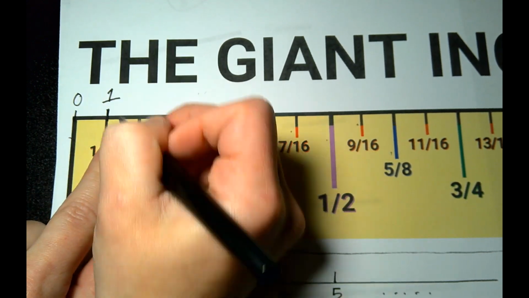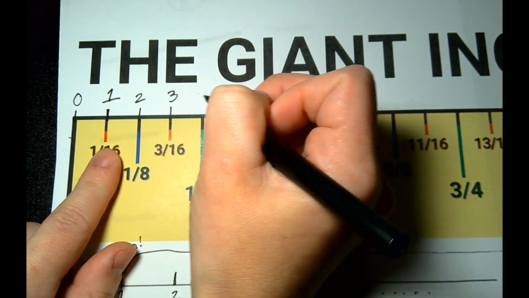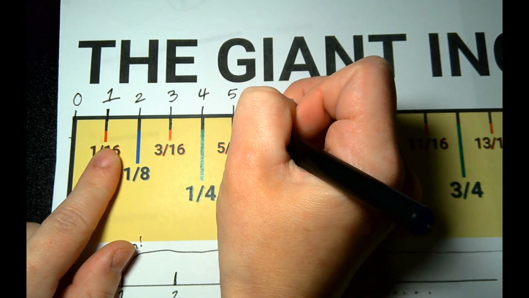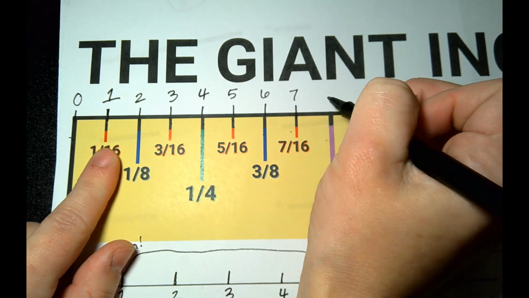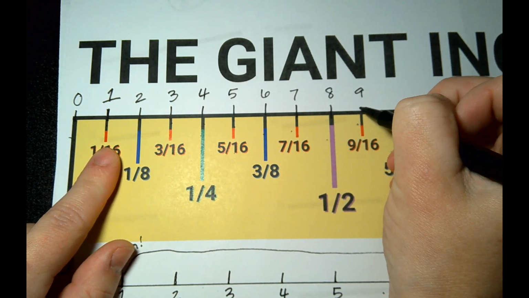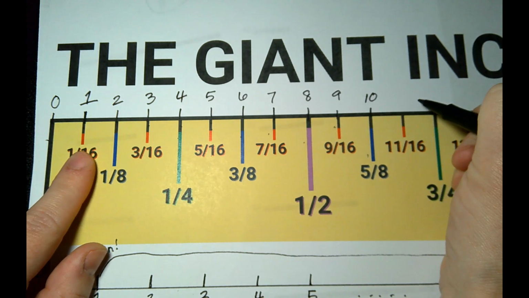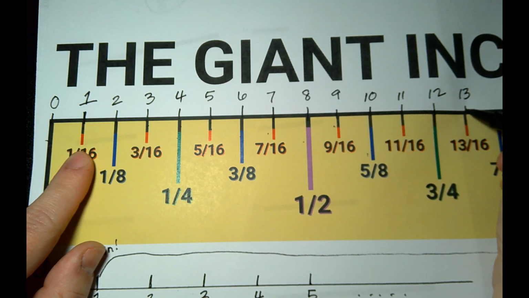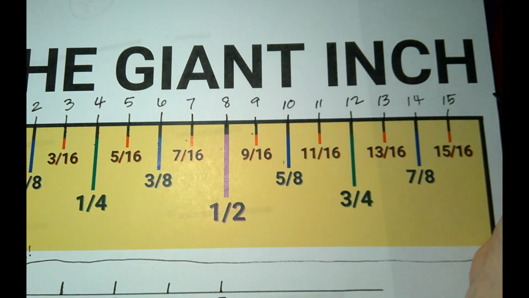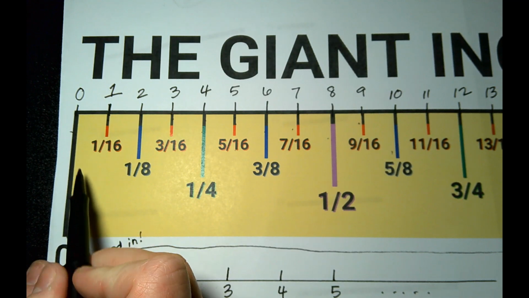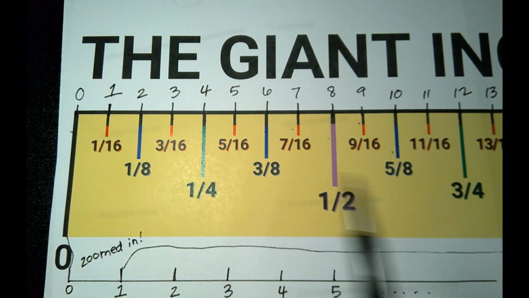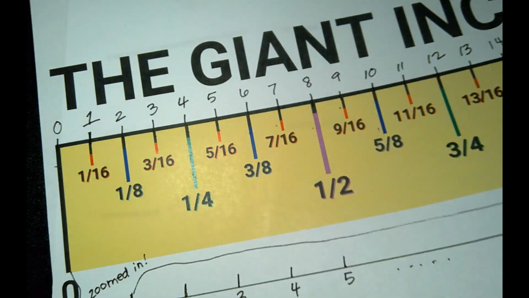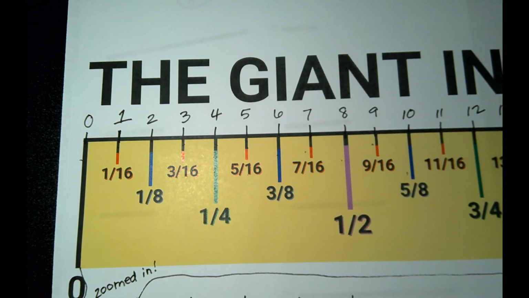This is 0. 1, 2, 3, 4, 5, 6, 7, 8, 9, 10, 11, 12, 13, 14, 15, 16. So that first line is 0. Then 1. Okay. Is yours still not lining up? Let me look at yours.